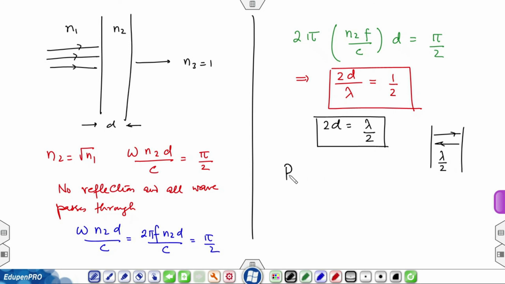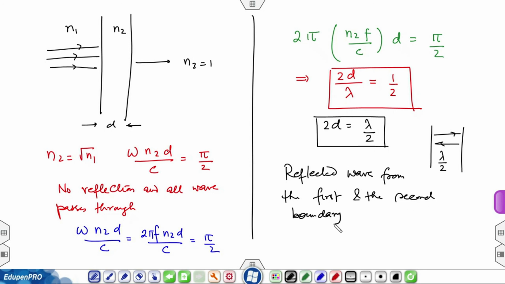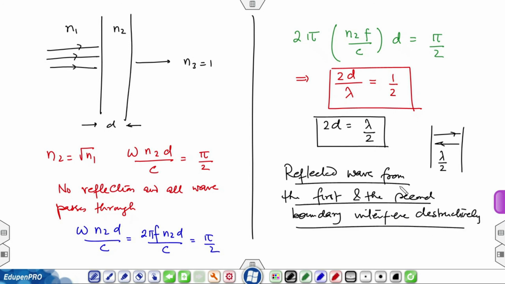That means reflected waves from the first and the second boundary interfere. This is a kind of way of understanding this. There is a corresponding phenomenon that happens in quantum mechanics also.